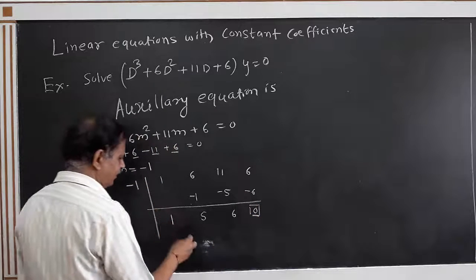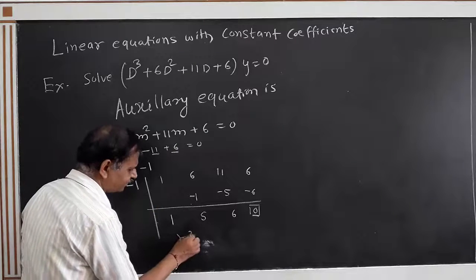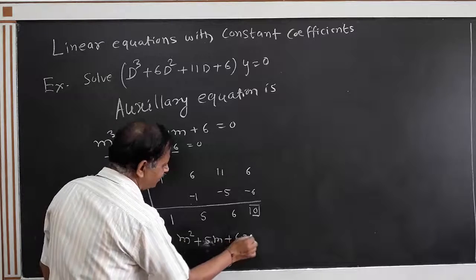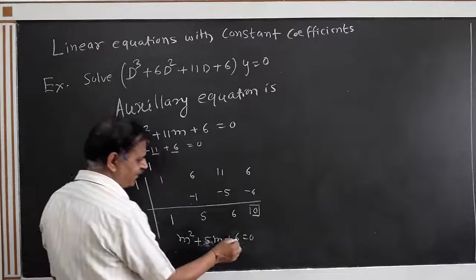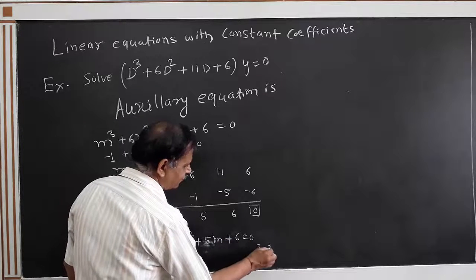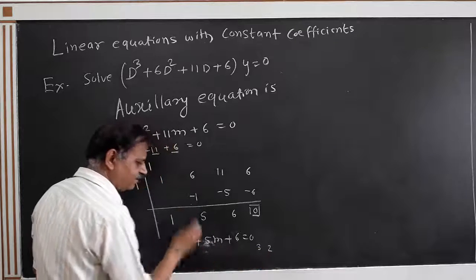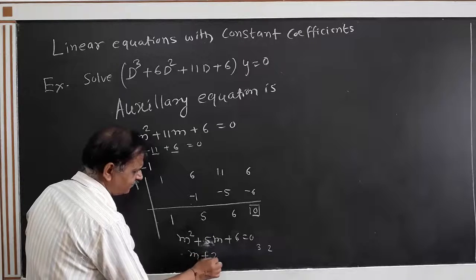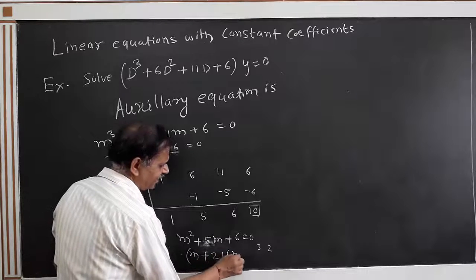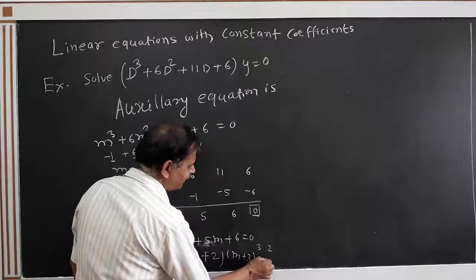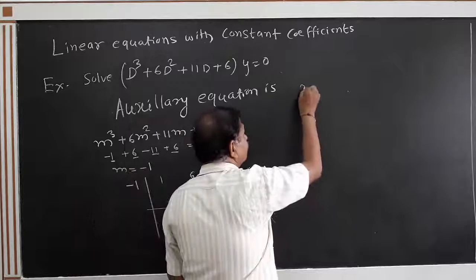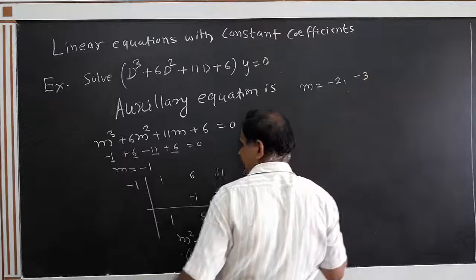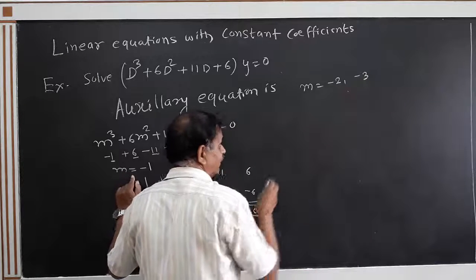Therefore, the second polynomial is m square plus 5m plus 6 equal to 0. Now 6 can be factorized as 3 into 2, such that 3 plus 2 equal to 5. Therefore, factors are m plus 2 and m plus 3. Therefore, m equal to minus 2 and minus 3, and the first root is m equal to minus 1.